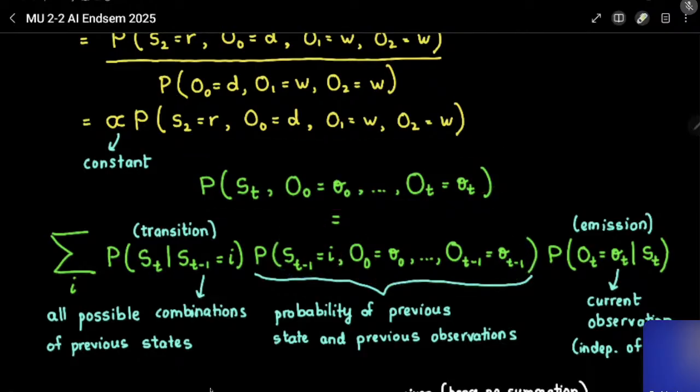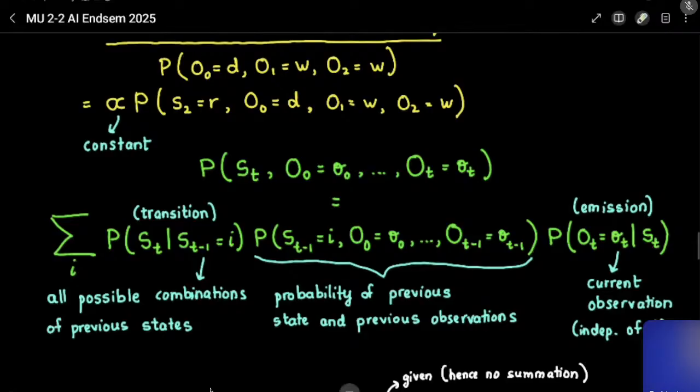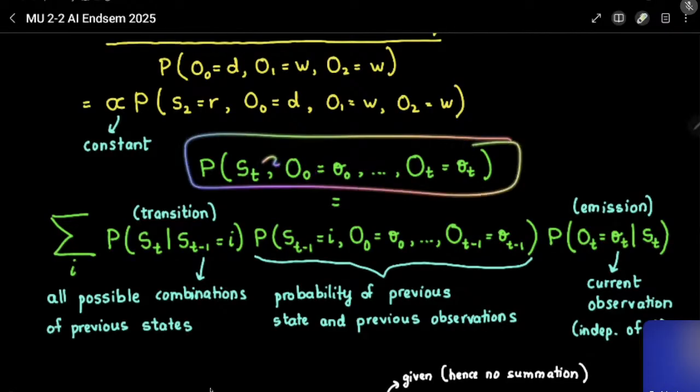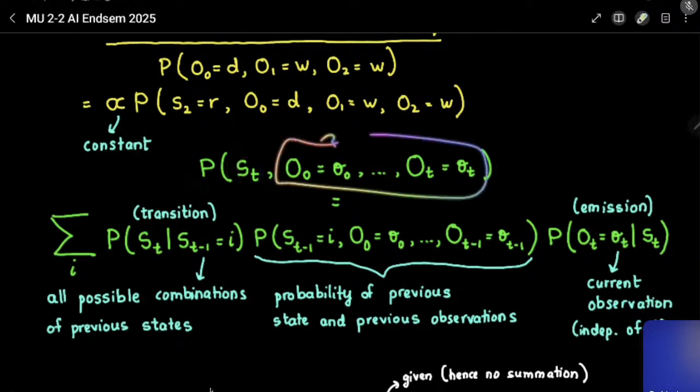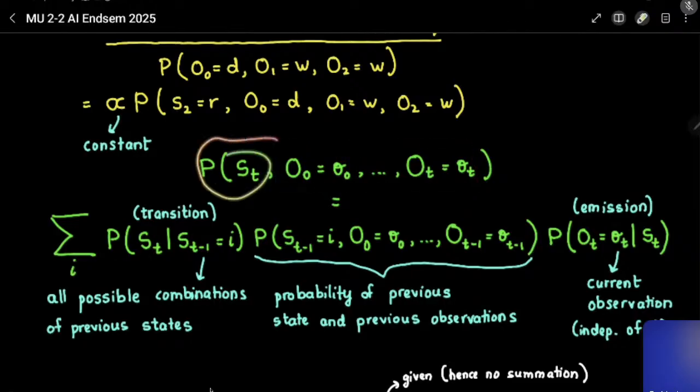If you look at this, you can try to make sense of it. The probability of a certain state: nothing is assigned to ST, so it's a random variable. All the other observation variables have some values, so they're not random variables, they're propositions. So the probability of this random variable along with all these observations is given by this one.